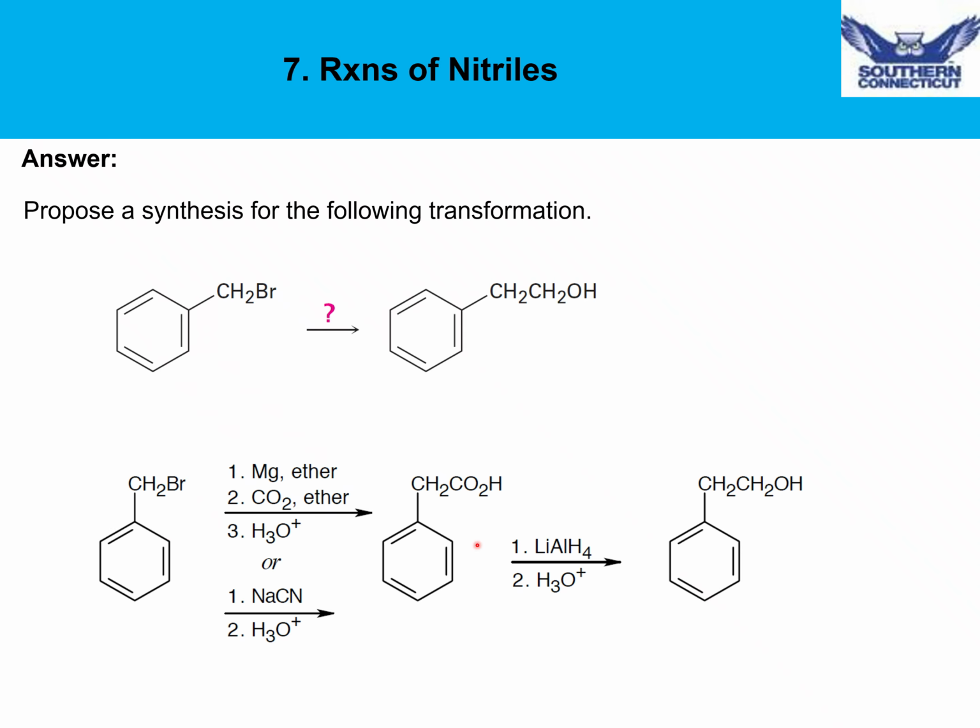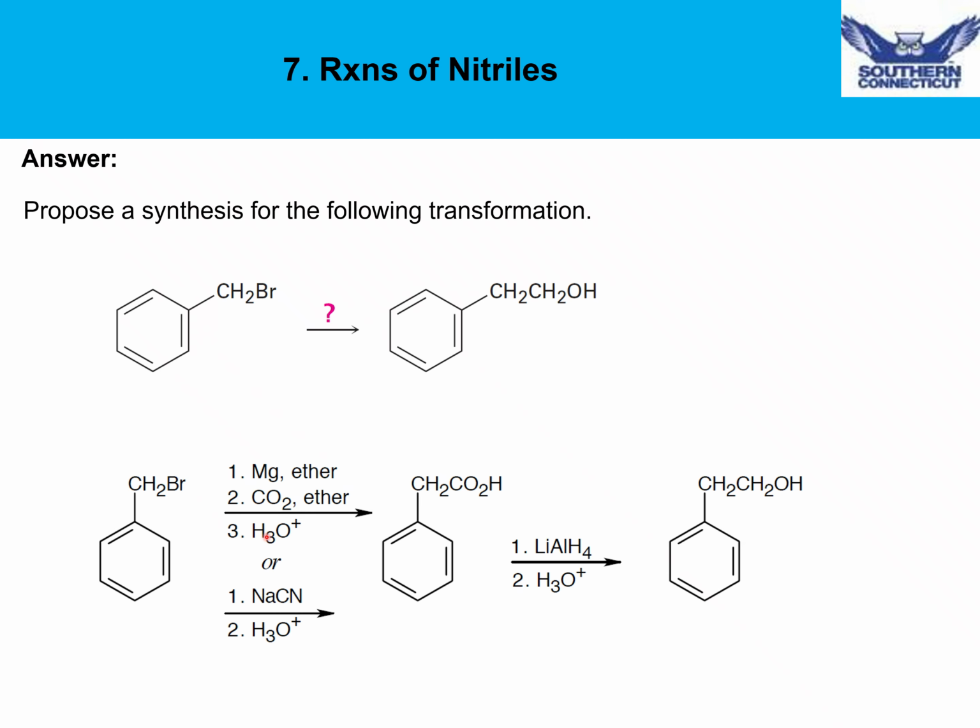As we learn in this chapter, there are two ways that we can convert an alkyl halide into a carboxylic acid. So one way would be by adding magnesium or lithium to convert this halogen into a metal bond. So we can create a corresponding Grignard reagent, which can then add to CO2, which is dry ice.